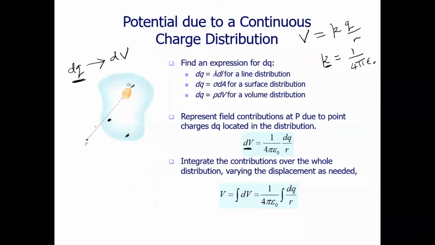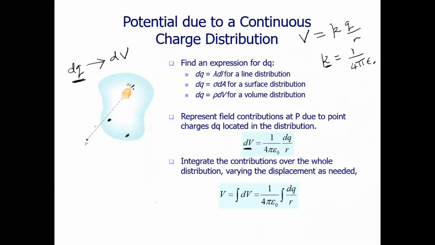In order for us to find the electric potential due to the entire distribution, it simply means that we have to integrate this equation for all values of r. I was saying that this r is a variable, because depending on where you place this element, it could be anywhere over this surface.